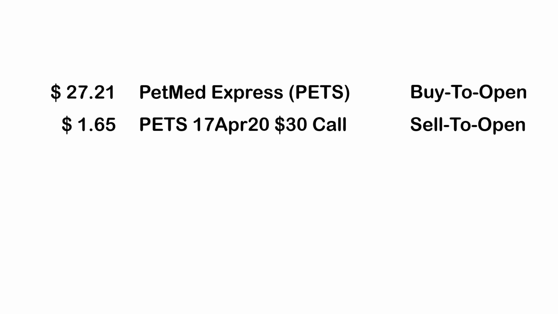However, before that happens, the extrinsic value is influenced by how afraid people are or how confident they are. When people are afraid, they like to buy options to protect themselves.